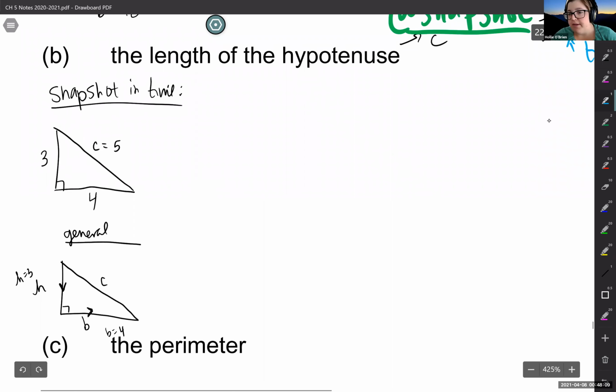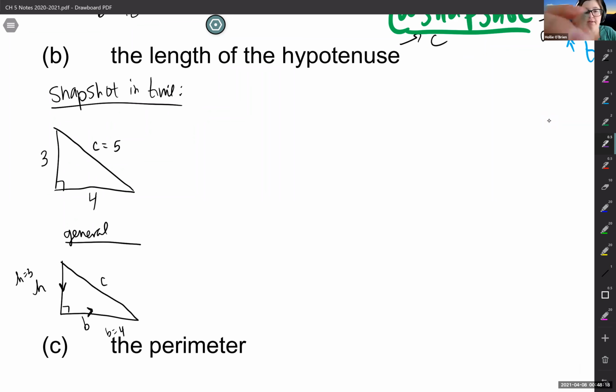All right, let's keep going. We need length of hypotenuse. So I need a way to relate hypotenuse to the two sides. Well, Pythagorean theorem. We know base squared plus height squared should equal hypotenuse squared.